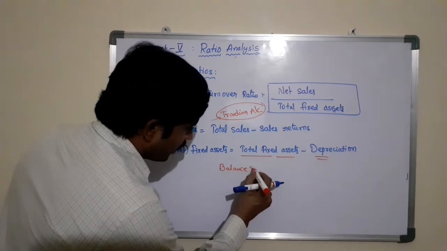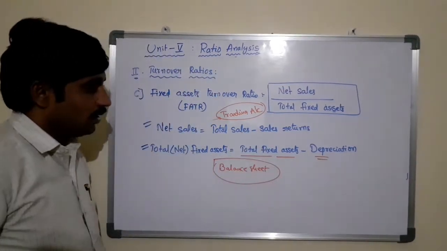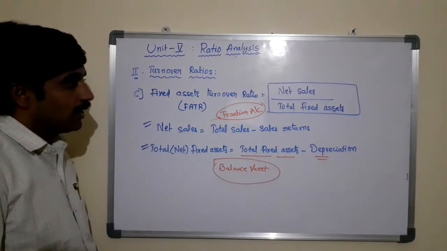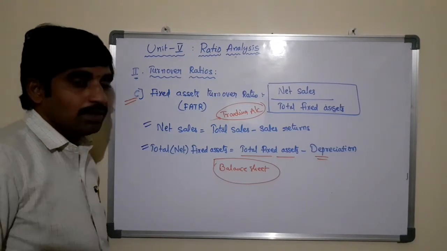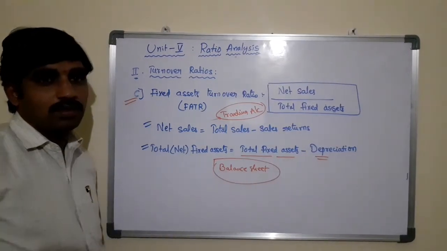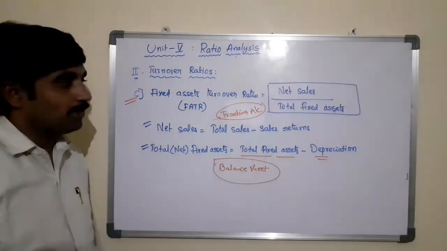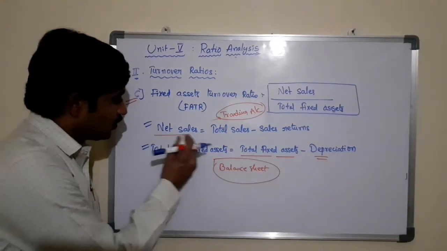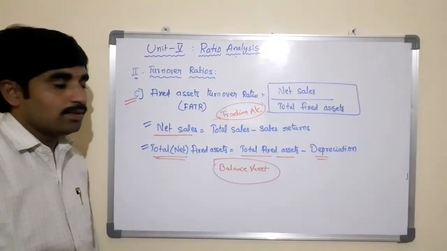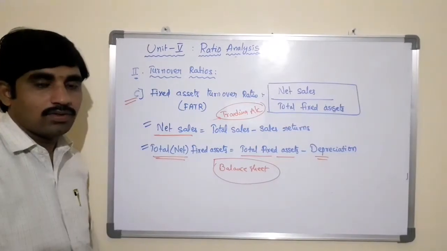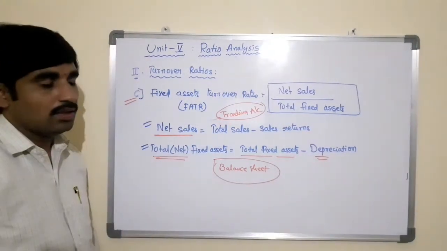The variables required to calculate the fixed assets turnover ratio belong to composite ratios, because these two variables we can find in two different statements in final accounts. Therefore, this ratio is a composite ratio.